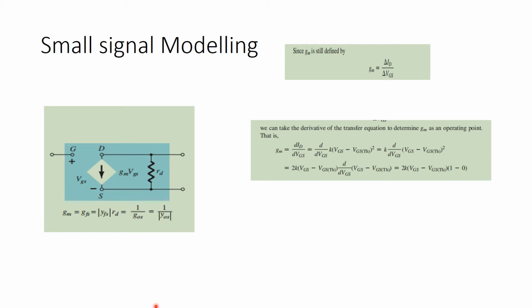The equation for the current is ID equals K times (VGS minus VTH) whole squared. Taking the derivative gives 2K times (VGS minus VTH), since VTH is a constant and gives 0 after differentiating.